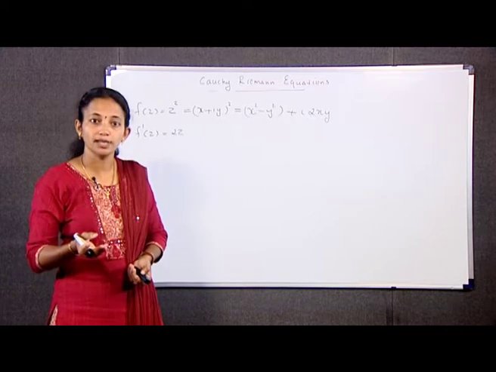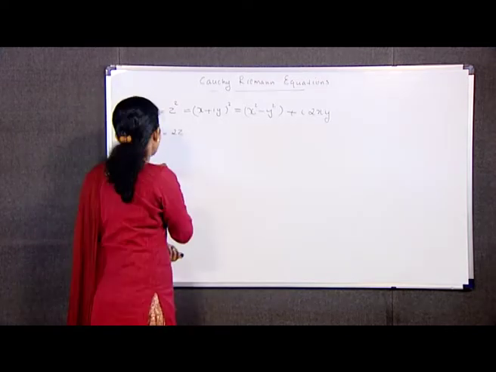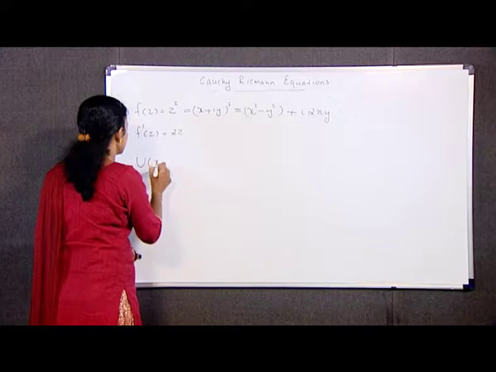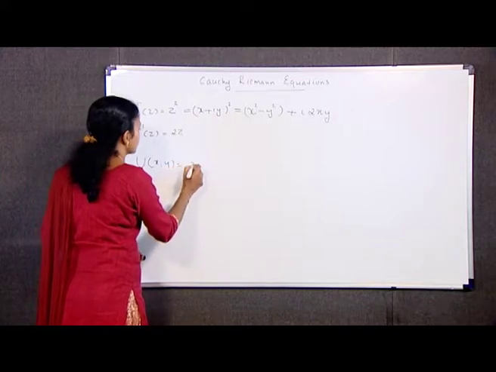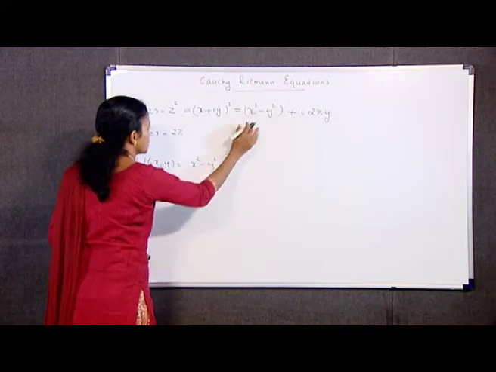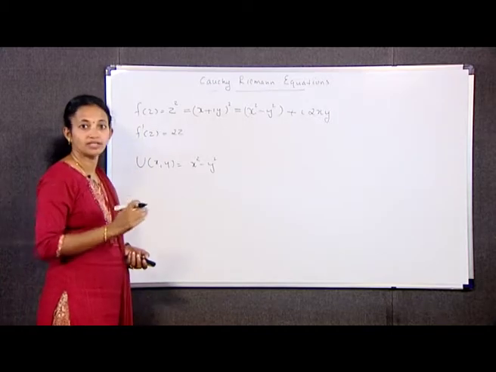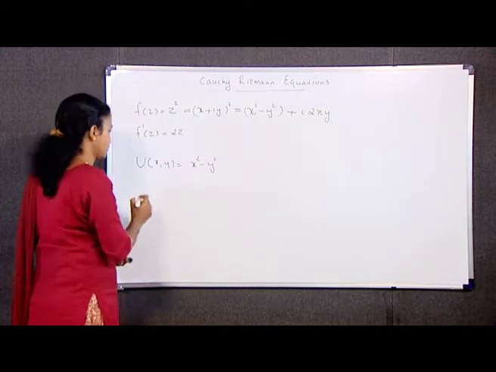Here u(x,y) = x² − y², and v(x,y) = 2xy.